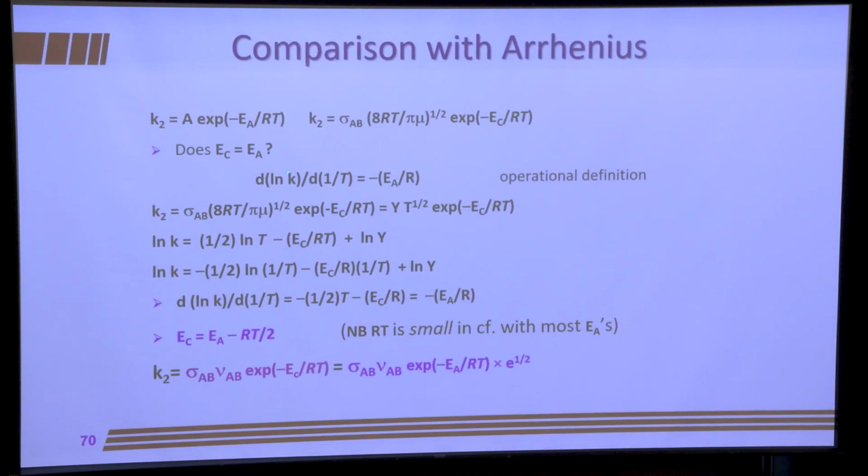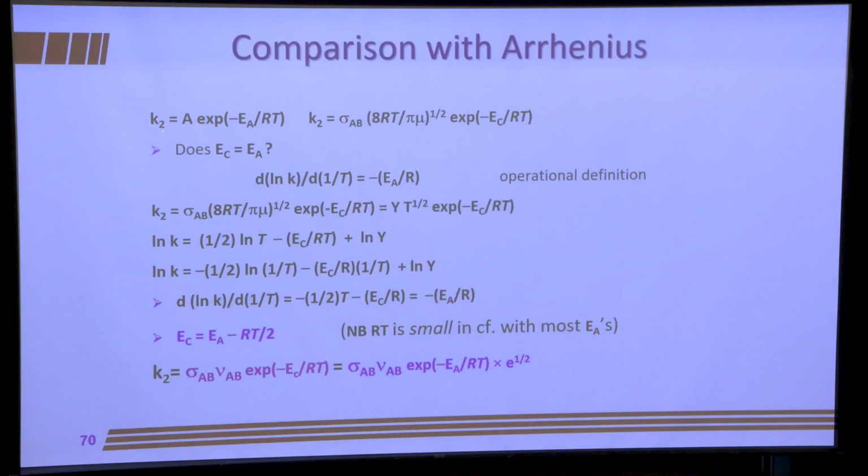So let's just look at it. We have, from this equation here, the change in log K, d log K, d 1 over T, okay? So the derivative of log K with respect to 1 over T is equal to minus EA over R, okay? If that's okay.